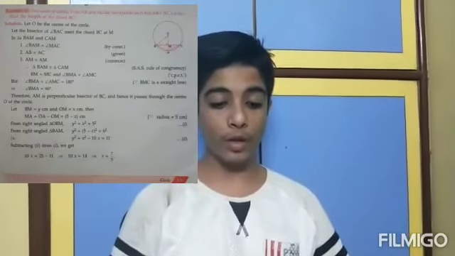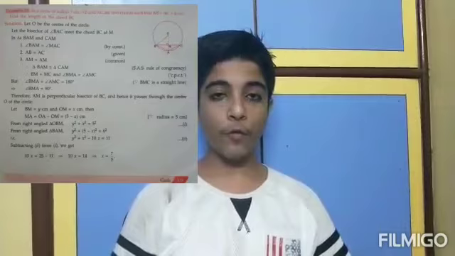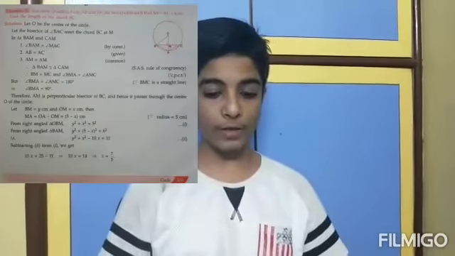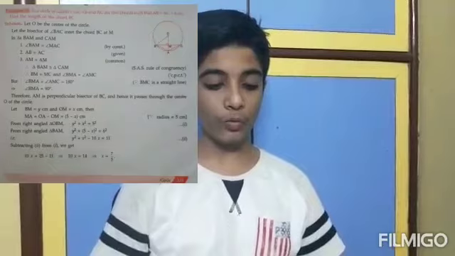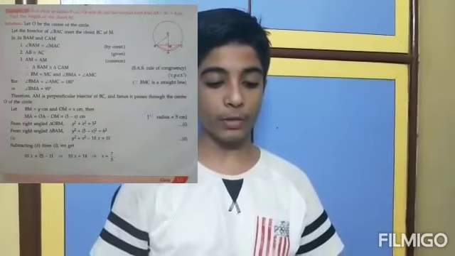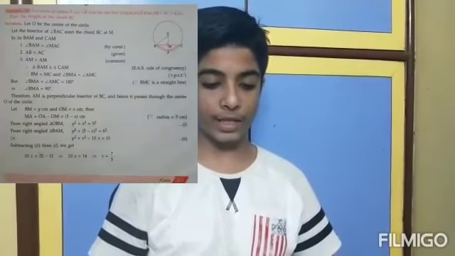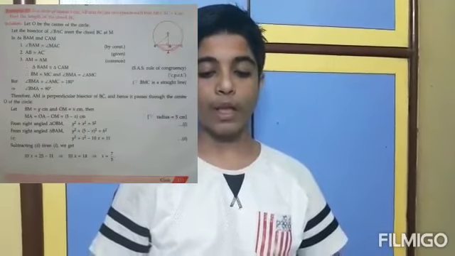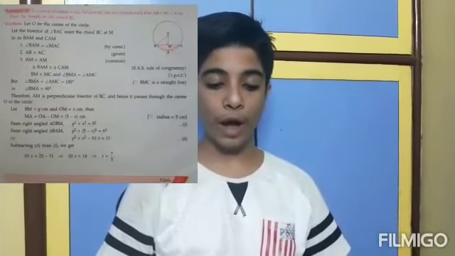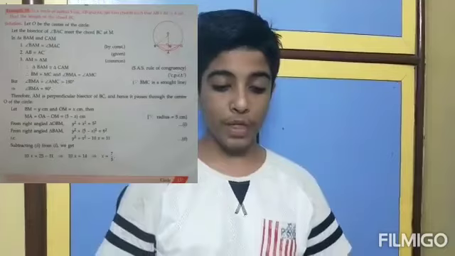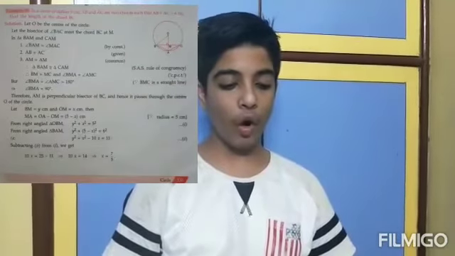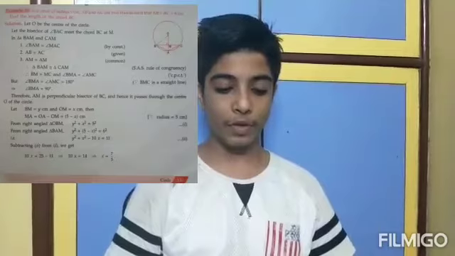Substituting this value of x in the first one, so that we get y's value. If we substitute the value of x in the first equation, we will get y's value as 24 by 5. So now we can easily calculate the length of chord BC.